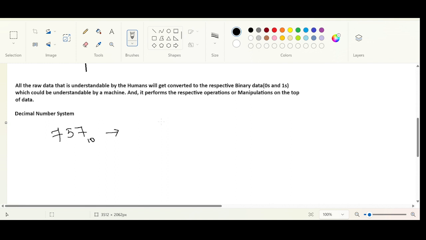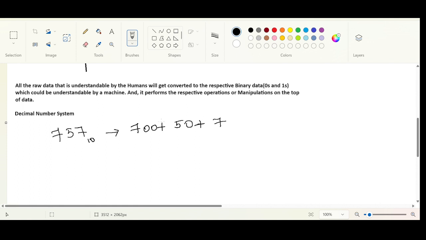Let me write the way I pronounce it. This is how I just pronounced 757.